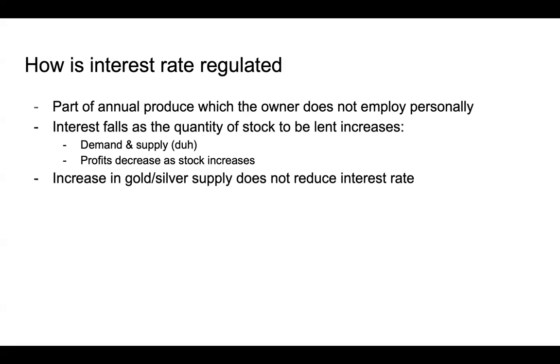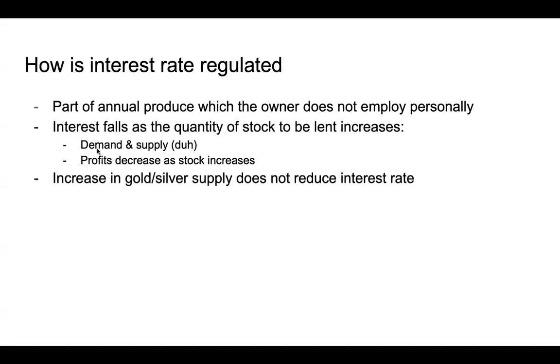And this part of annual produce, which owners do not employ personally, grows as the whole quantity of stock increases. And interest rate falls, right, as the quantity of stock to be lent increases, for two reasons.